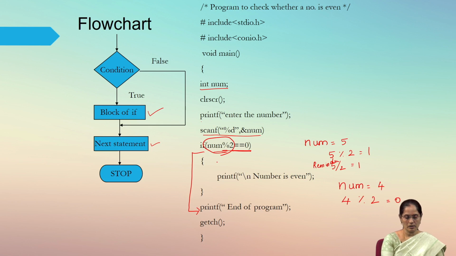If the condition becomes true, as we have already seen, it executes the statements inside the block. Inside the block there is only one statement, number is even. So, we will get the output as number is even. In fact, for all even numbers, the mod operation output will be 0. That is the reason we can in general display the message as number is even.